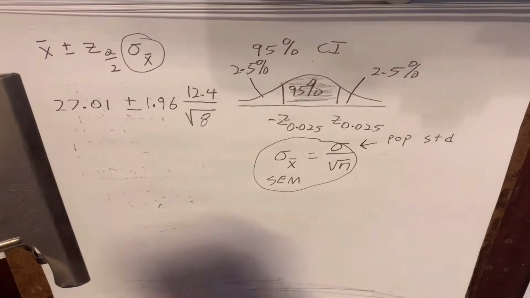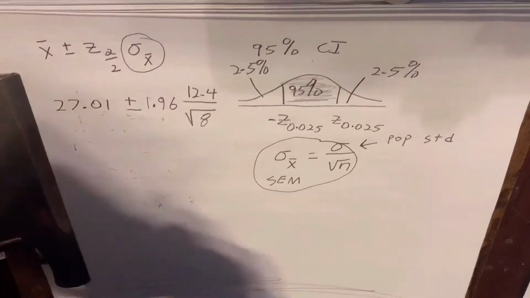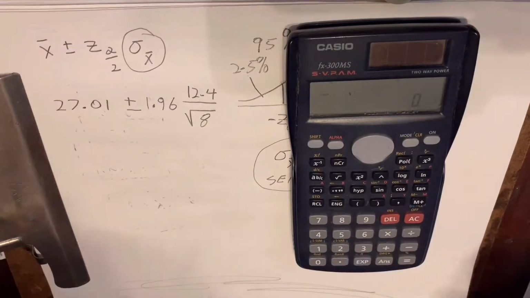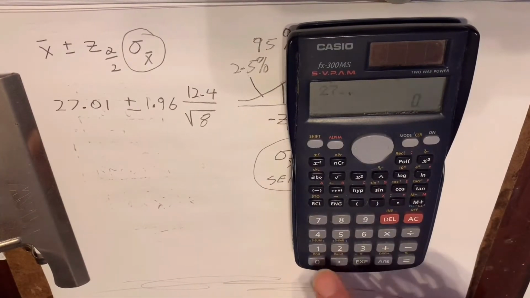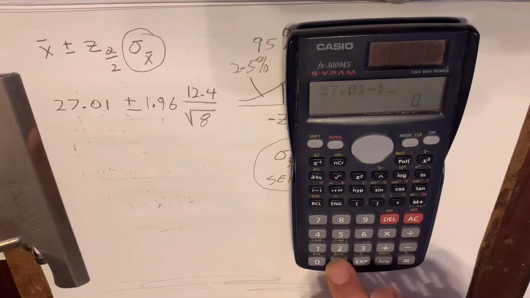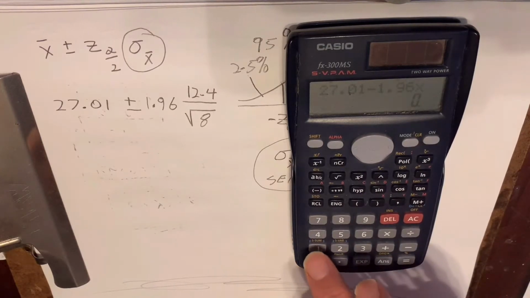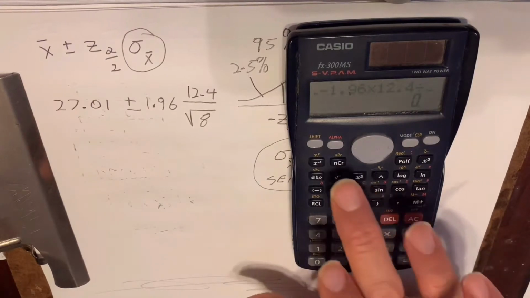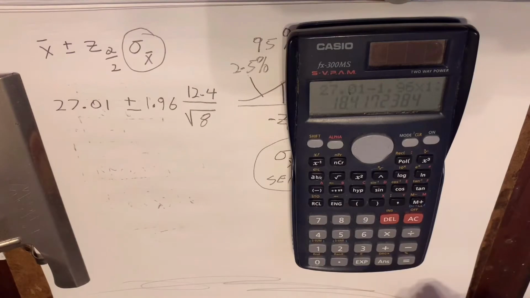So now, I really don't have that much to do. I'll just take my calculator out here. We're going to go 27.01 minus 1.96 times 12.4 divided by square root of 8 equals, and we get 18.4.